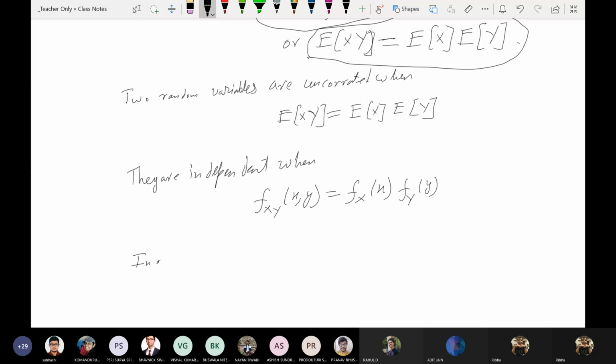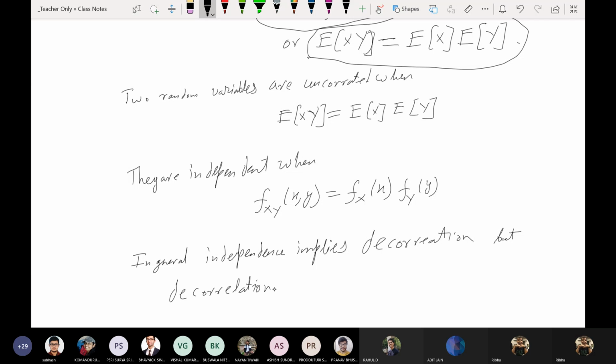In general, independence implies decorrelation, but decorrelation does not imply independence. So you can look at relevant examples from Stack Exchange.